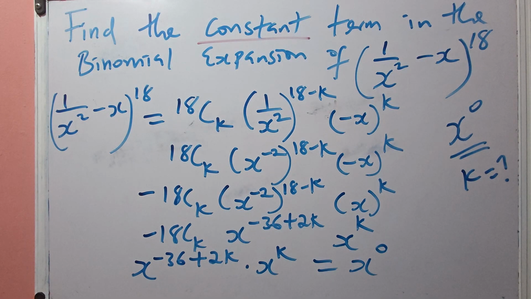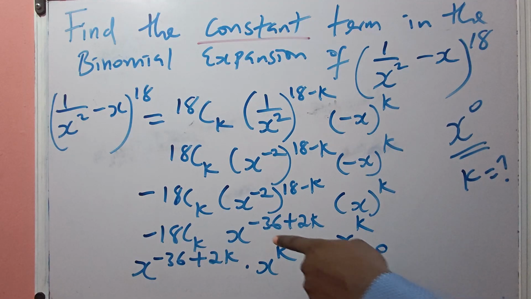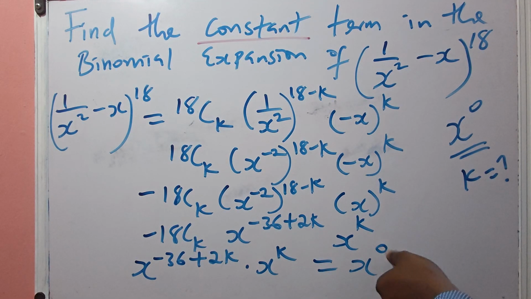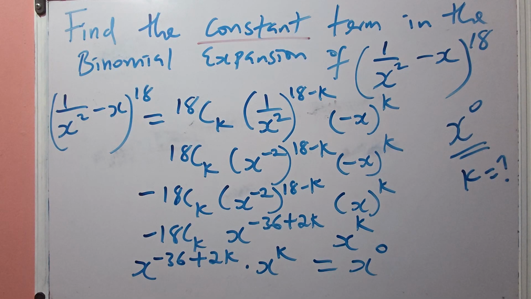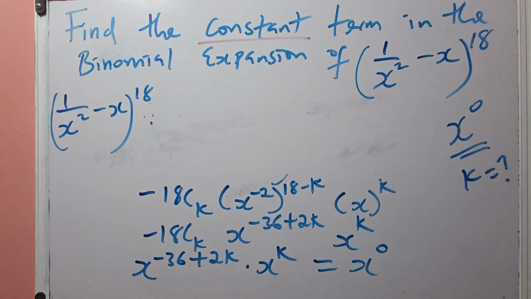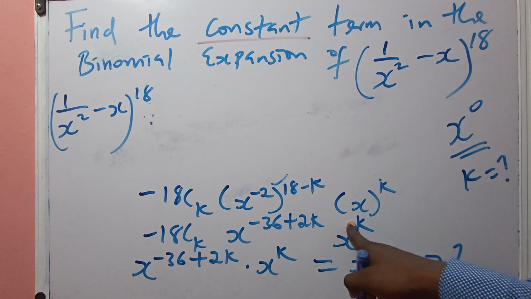So I use my understanding of law of indices and I say, if I multiply these two together, I want to arrive at x raised to power 0. So I want to bring these two together to achieve this. In trying to solve this, I will be getting the value of k that will produce 0. So this step right here is just for me to be able to get that value of k.